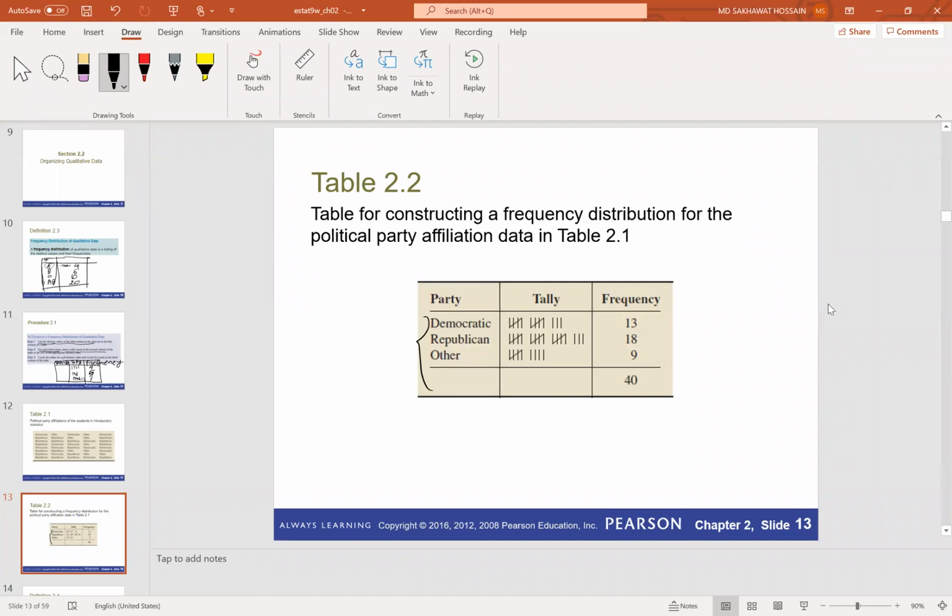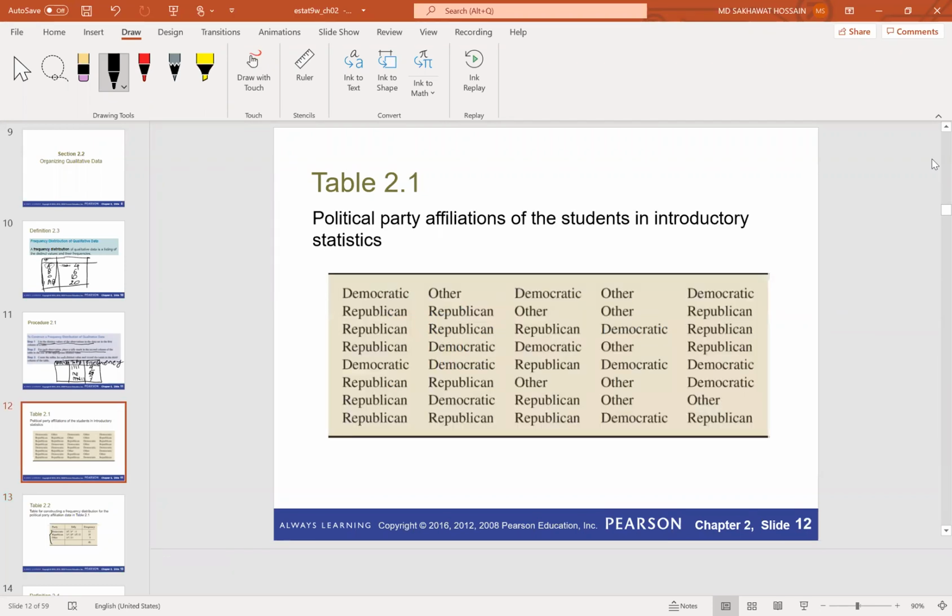So how many times do we have the Democratic response? One, so you will use just one tally mark. Then we have two, another one, then another one. Then another Democratic here, and another one here. That means we have 5.